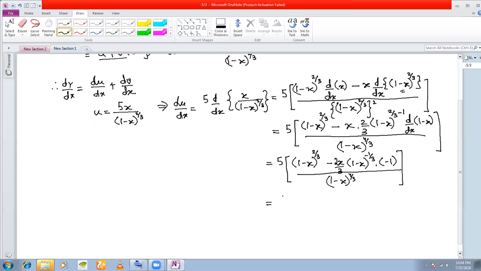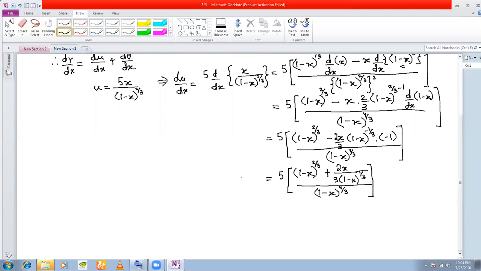So this becomes 5 times 1 minus x to the power of 2/3 plus 2x by 3 times 1 minus x to the power of 1/3. I can write this way or not? Yes, sir.